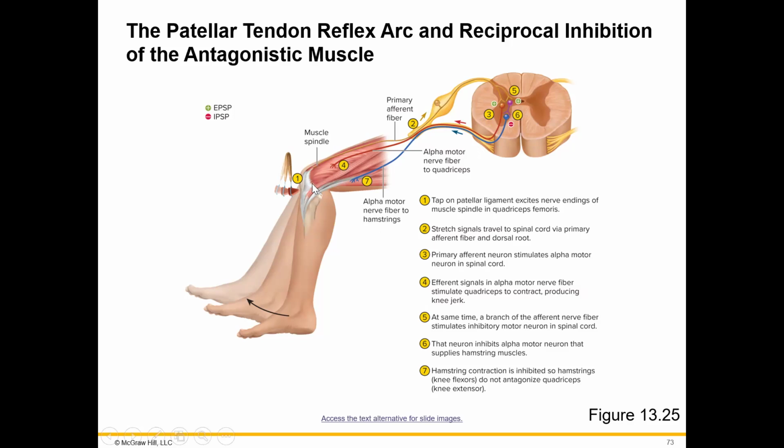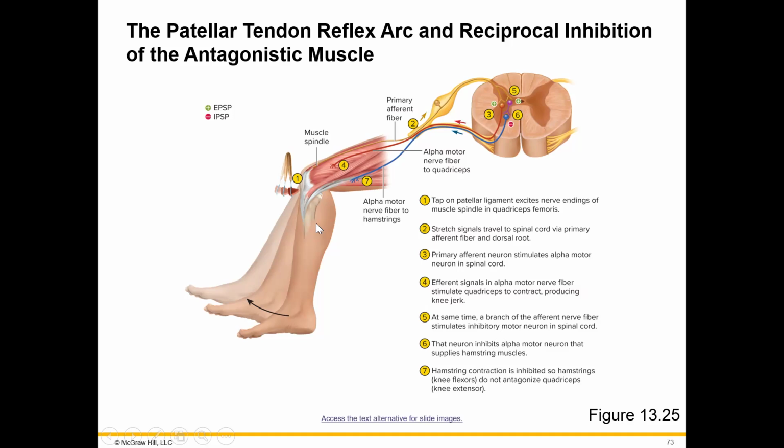producing the knee jerk. But we are not done here. Also, simultaneously, a branch of the efferent nerve fiber stimulates an inhibitory motor neuron in the spinal cord. That inhibitory neuron inhibits the alpha motor neuron that supplies the hamstring muscles.